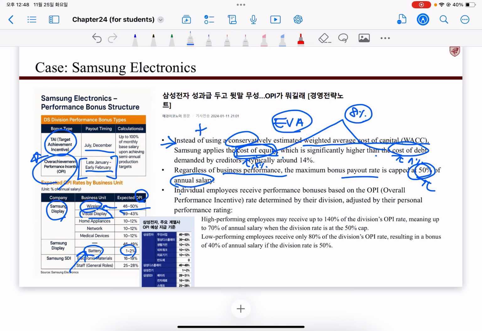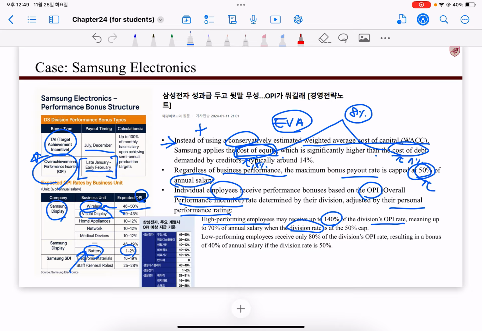One interesting part is that there are also individual level incentives. So OPI is a divisional level incentive, but it can be adjusted for each person. So if you're a high performer, then you can actually get up to 140% of the divisional OPI rate.